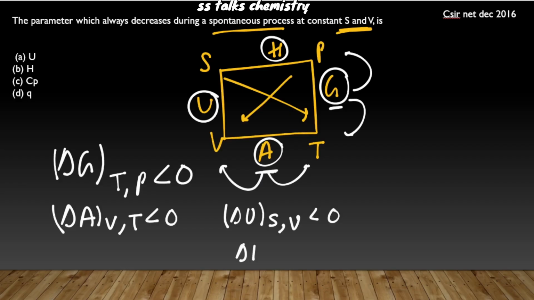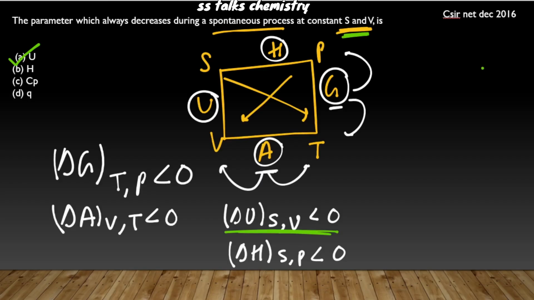Now delta S, at constant entropy and pressure, it will be less than 0. Right. So now we have been given constant entropy and volume. Based upon this, we can say that it is the internal energy, it should be less than 0. Right. So from the options if I see, it is going to be option A in this case.